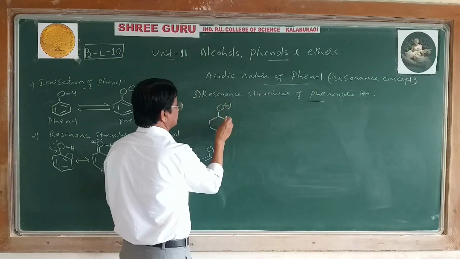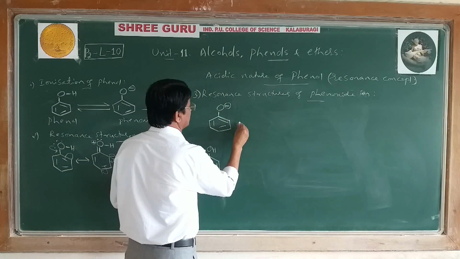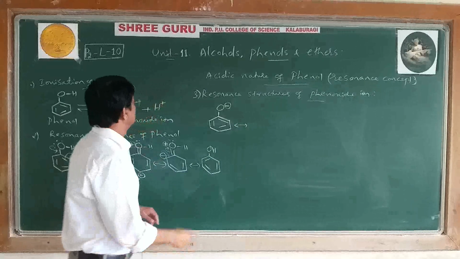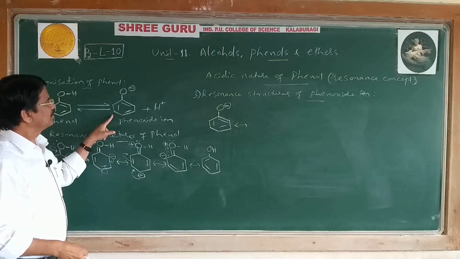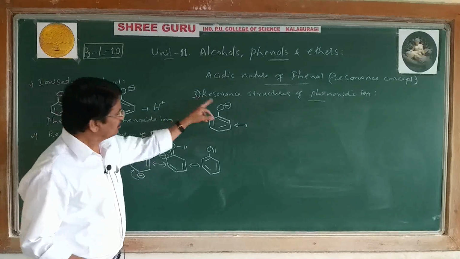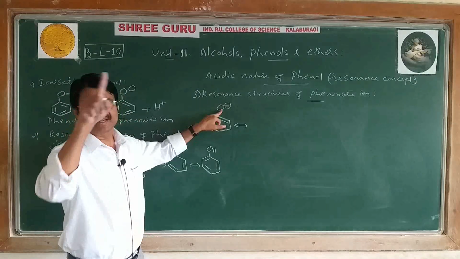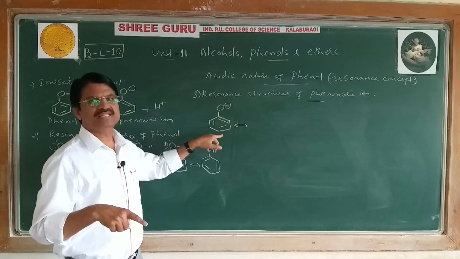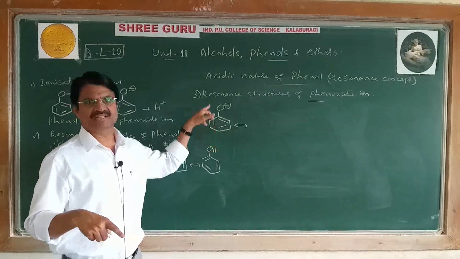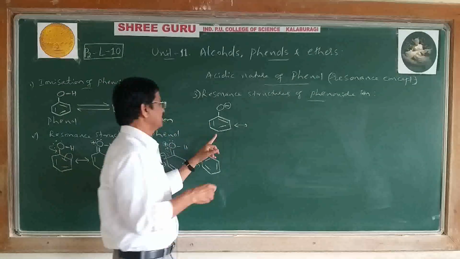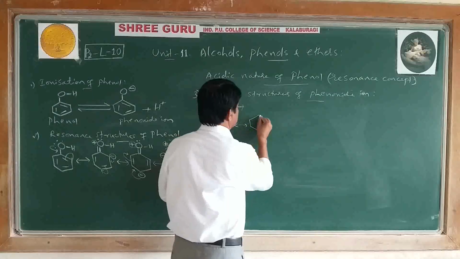O negative. This is a phenoxide ion, and see why it is called stable: because it undergoes resonance. The negative charge on O delocalizes with the pi electrons of the benzene ring. Now it can form different structures.